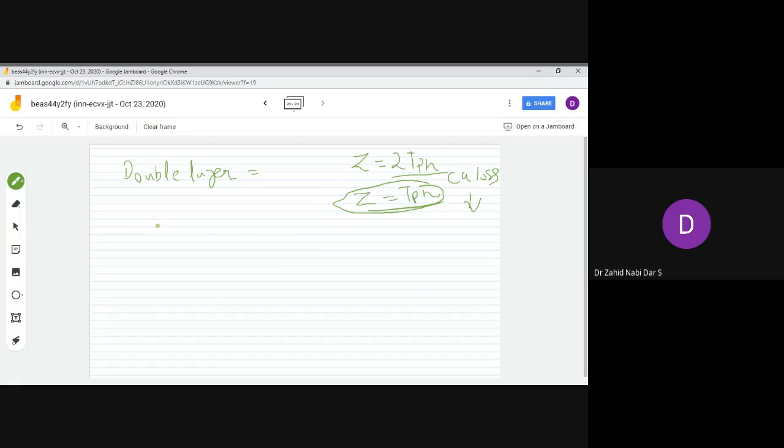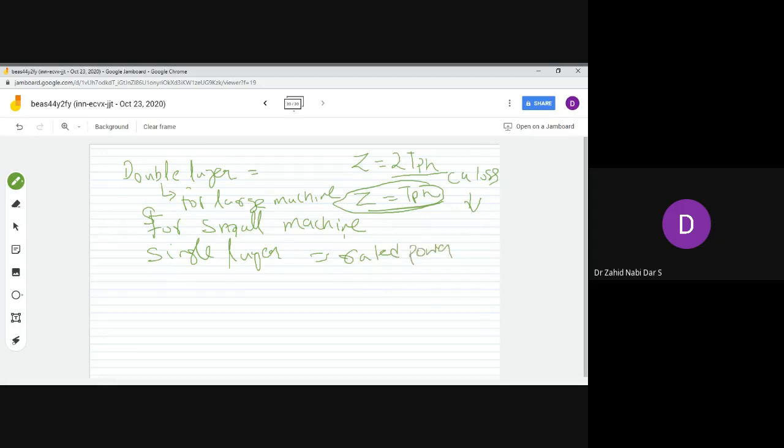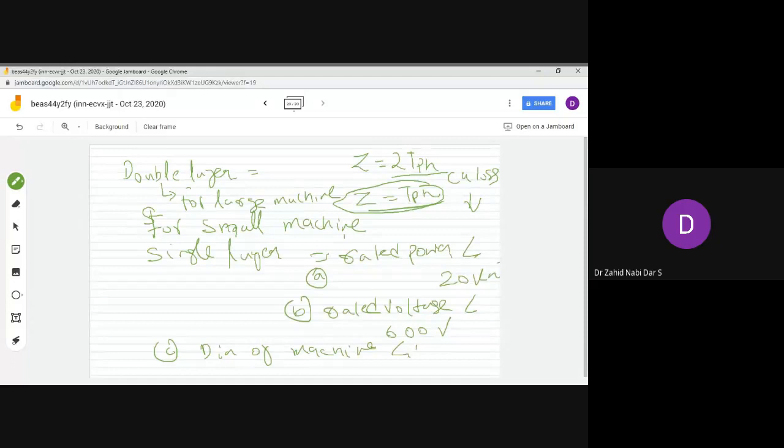So just keep in mind, for a large machine we incorporate double layer winding, and for a small machine we use single layer winding.